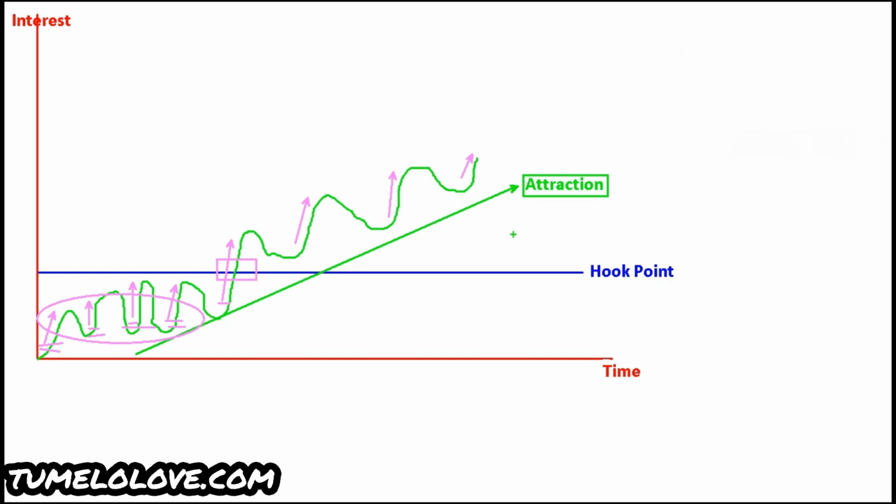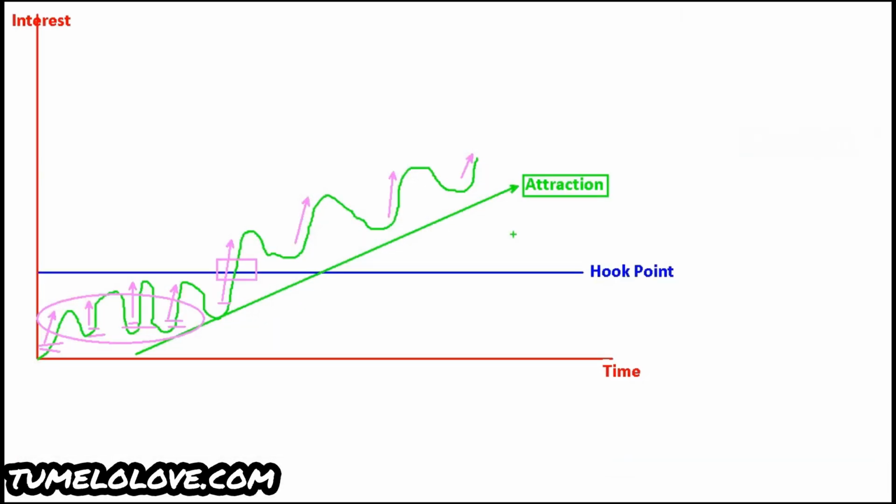This is very, very important to understand, because the biggest mistake guys make when they learn how to spike interest, or how to hook girls using the hooking ideas and techniques that we teach, is they forget what the end goal here is. Hooking, or spikes in interest, is just a means to an end.